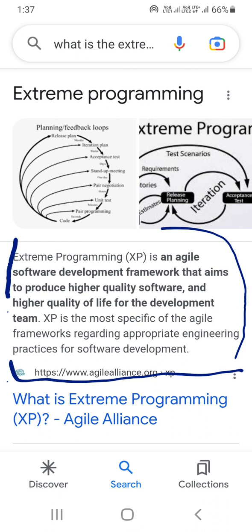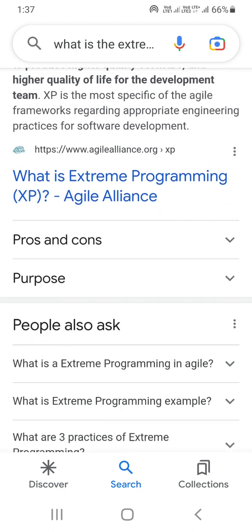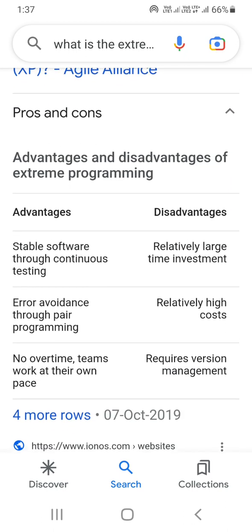Extreme programming is the most specific of the agile frameworks regarding appropriate engineering practices for software development, and more.